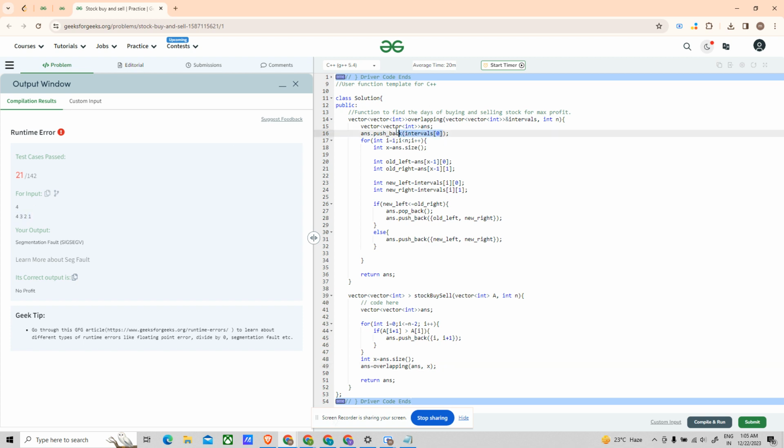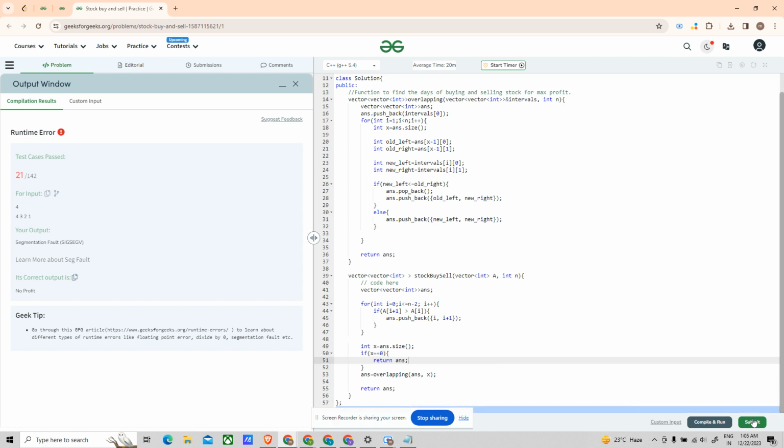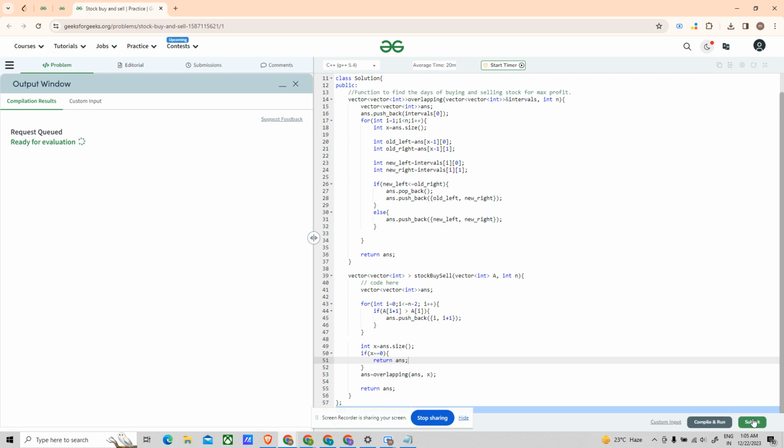In that case it would not be possible, right? So we have to handle it correctly. If x equals 0, then return answer. I think it would work now. This was the only edge case present, I think.